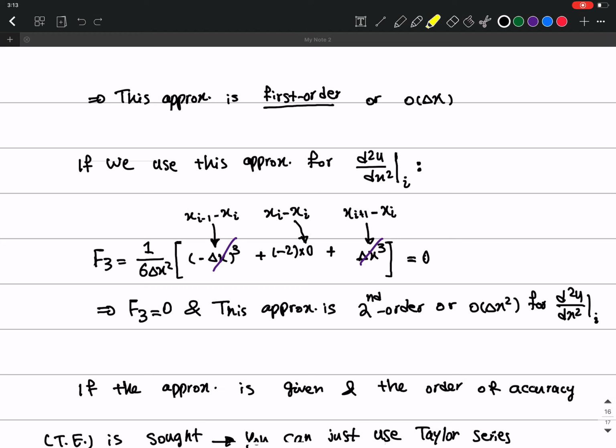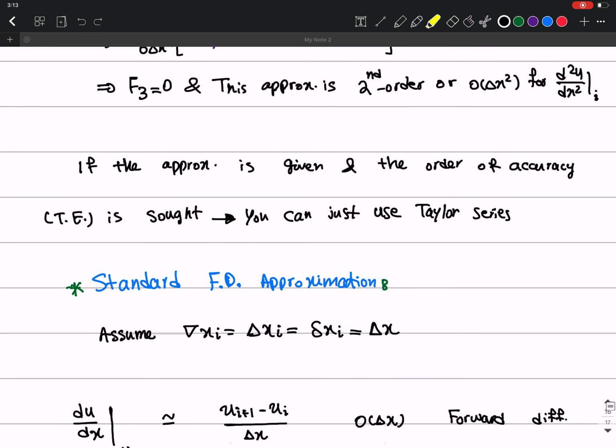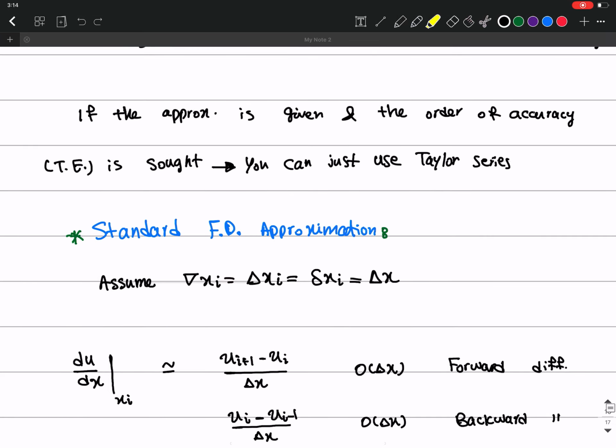We found that the F3 term is going to be 0, and thus this is going to be order delta x squared for d squared u over dx squared evaluated at xi. And then we said that if the approximation is given and the order of accuracy is sought, we can just use the Taylor series, which we are going to solve in the next lecture.